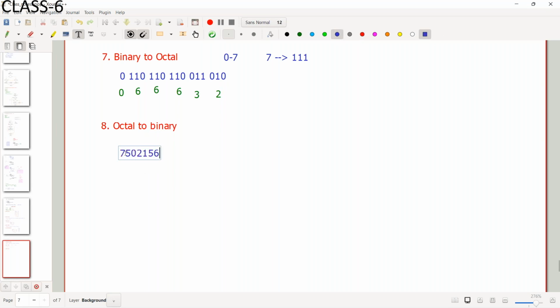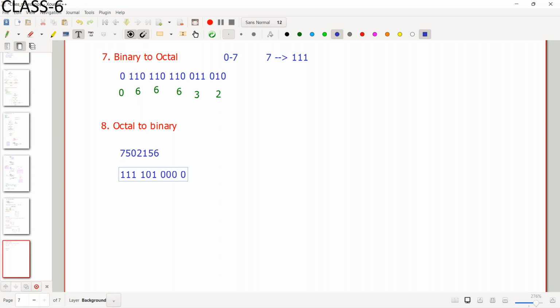Now what you have to do is represent each and every digit in octal in 3 bits. So you have to represent each digit of this particular octal number with 3 bits. So this will be like 7 is 111, 5 is 101, then 0 is nothing but 0, which also should be represented in 3 bits, 000.